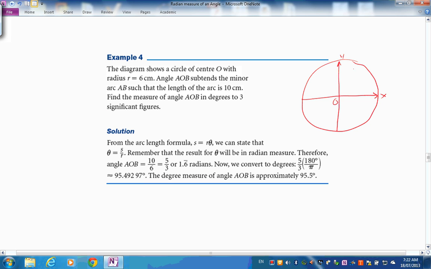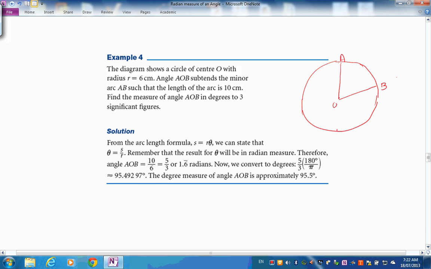Maybe we'll just get rid of this and use A's and B's up there. There's O and AOB. Let's say it looks like that.